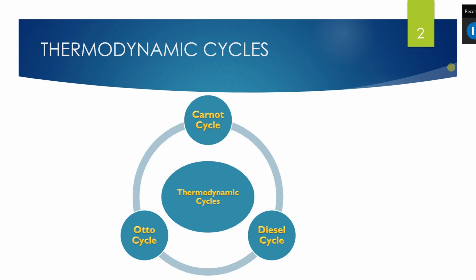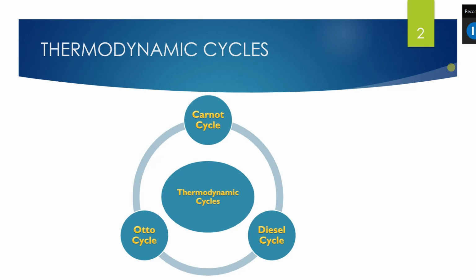So what are thermodynamic cycles? I already discussed in lecture 3 that when a system in a given initial state experiences a series of processes and returns to its initial state, the system is said to have undergone a cycle. That means at the end of the cycle, all the properties of the system have the same value they had at the beginning.